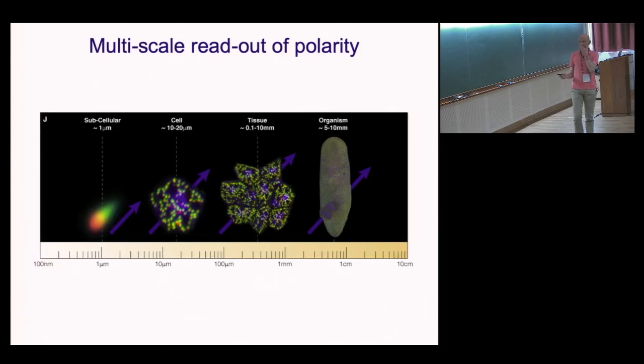So long story short, what this gives us is a method in which we can visualize polarity at all scales of organization, from the subcellular level on the basis of individual rootlets, to individual cells, where we can then generate polarity vectors by averaging the rootlet orientation of all the rootlets in the cell, to the local tissue environment, for example by averaging individual cellular polarity vectors within a given area, and then ultimately all the way up to the entire animal, because with this pipeline we can image and process entire animals that have thousands of cell diameters along their AP axis.